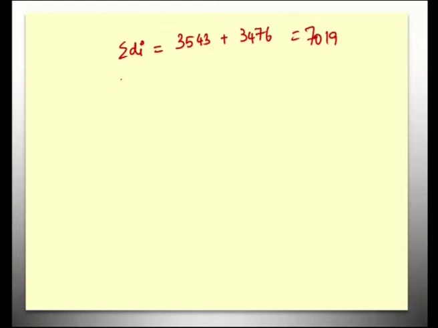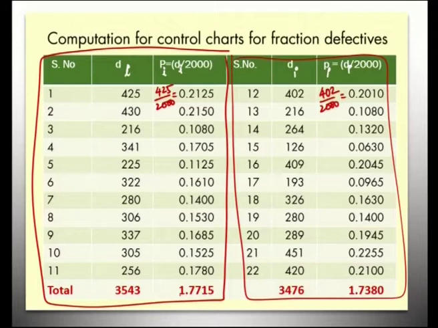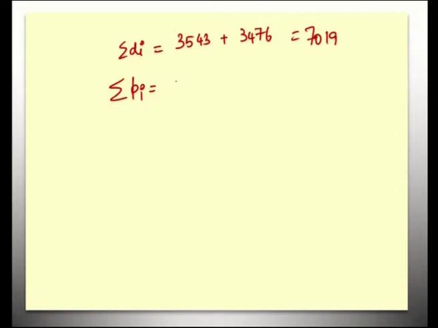Similarly, summation Pi is equal to 1.7715 for sample numbers 1 to 11, and for sample numbers 12 to 22 it is 1.7380.